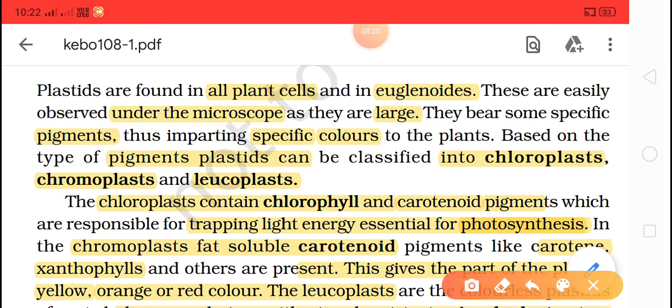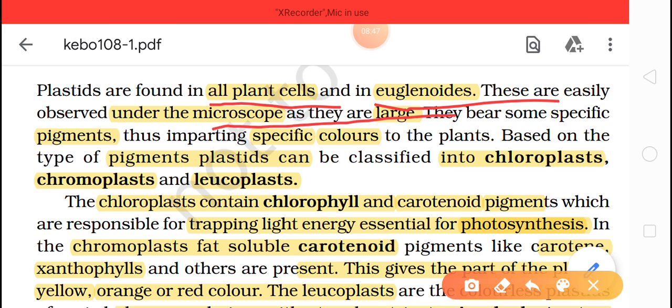Now next, that is plastid. Plastid is a very important topic for 11th standard. Plastids are found in all plant cells and in euglenoids. Plastids are observed under the microscope as they are large, which means we cannot stain the plastid.